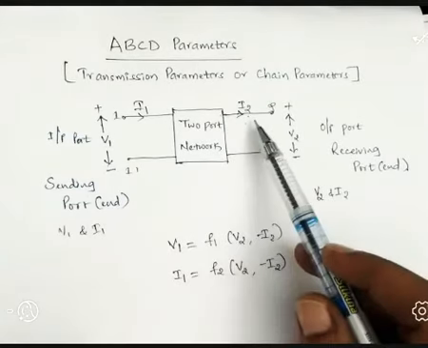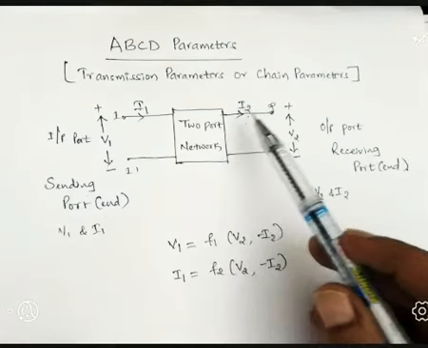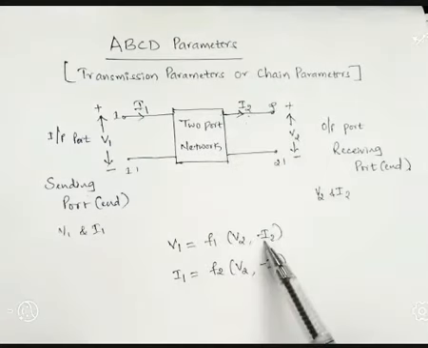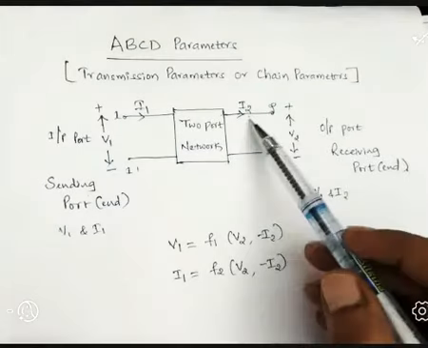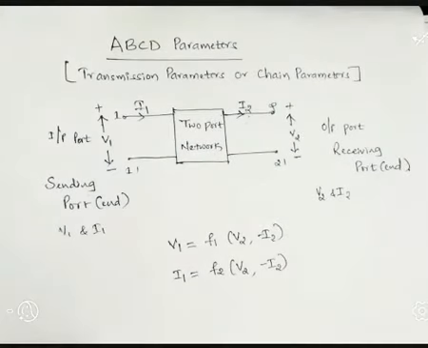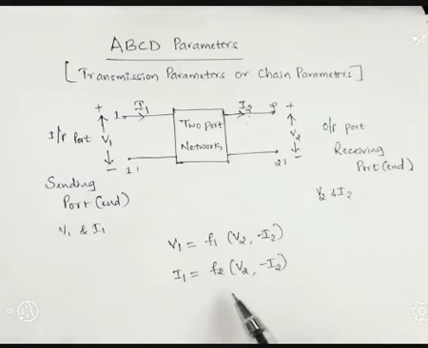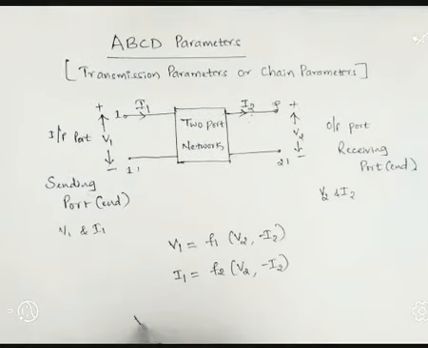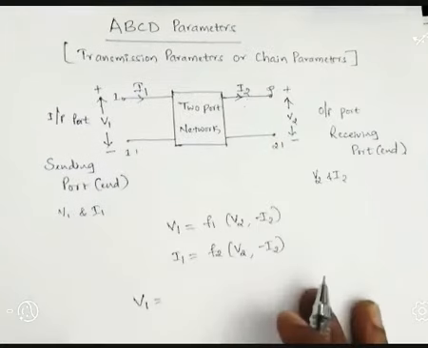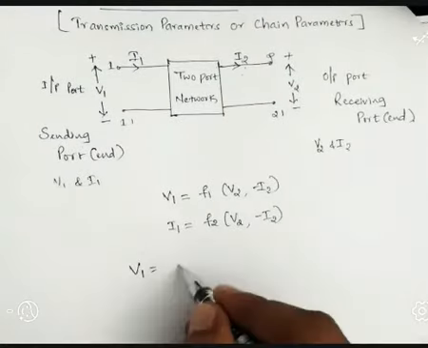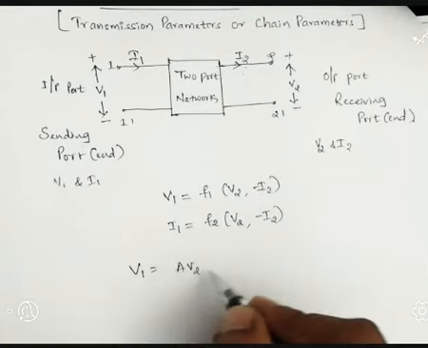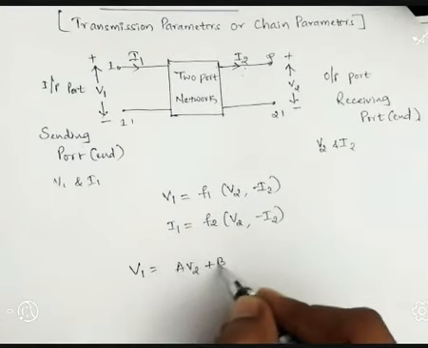Negative sign with I2 indicates that in ABCD parameters, current I2 is leaving from port 2. So in equation, we have to express these two relations as V1 is equal to A V2 plus B times minus I2.